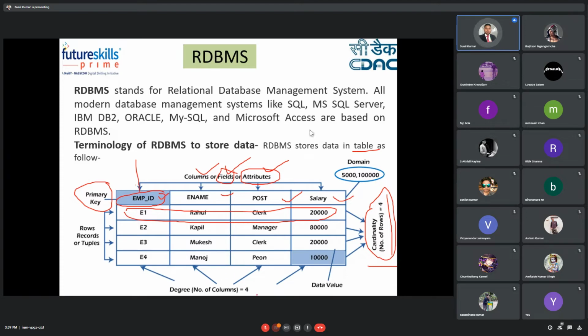Degree of a table: the number of columns available in the table is known as the degree of the table. These are some technical terms you should have an idea about, though it is not a very critical part. If we are talking about cardinality, we are talking about the rows. If we are talking about the degree, we are talking about the number of columns. Understand?